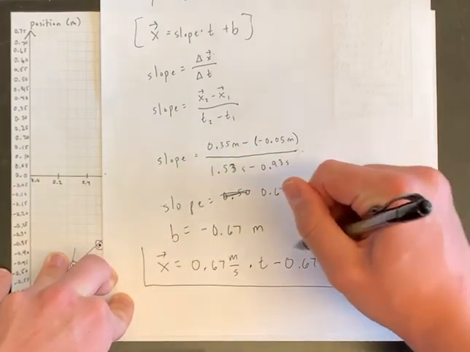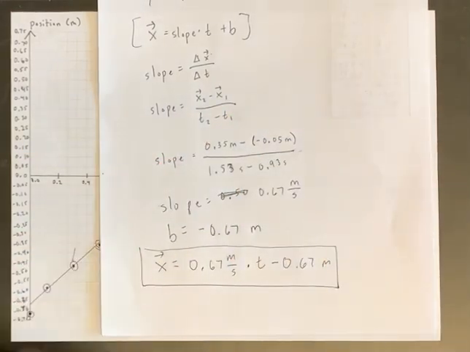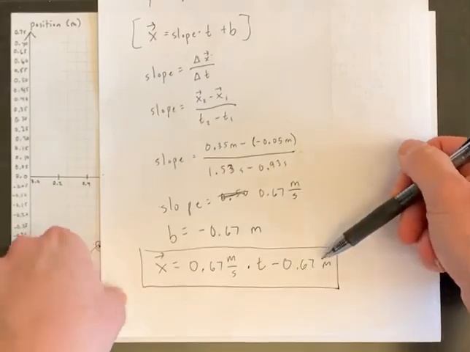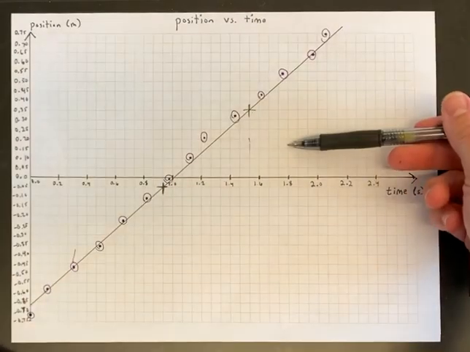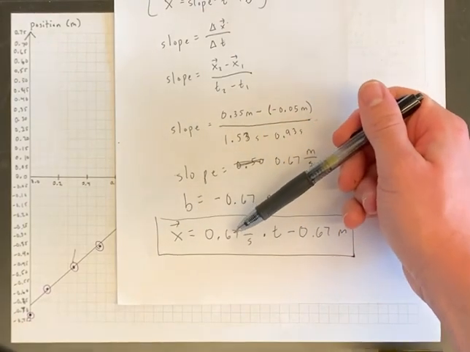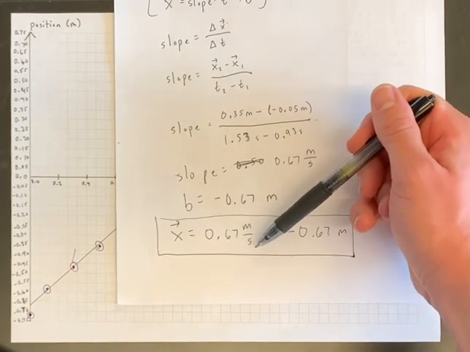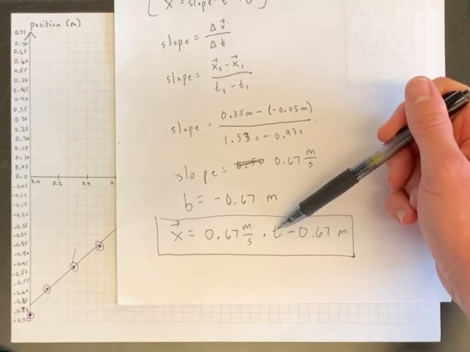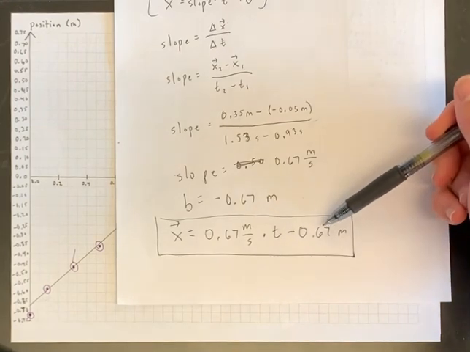This is a full mathematical model which describes this line. So this is the equation which describes this line here. Our position is equal to positive 0.67 meters per second multiplied by the time variable, and then minus 0.67 meters.